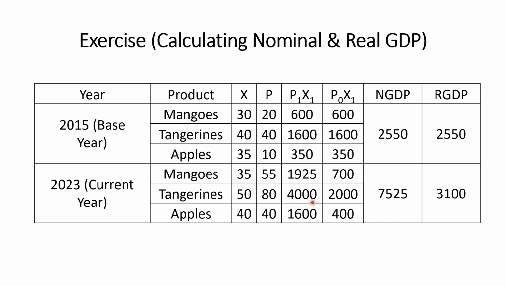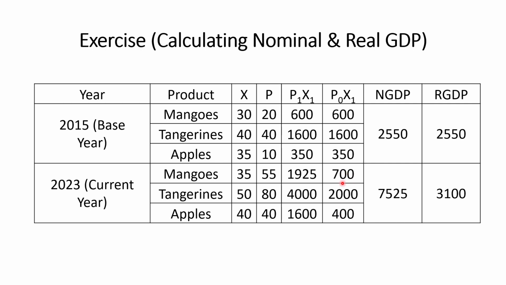If we sum all of this, we will get this value. So this is our nominal GDP. For 2015 it will be the same. If we add this portion, we will get the nominal GDP. And if we add this, we will get the real GDP.